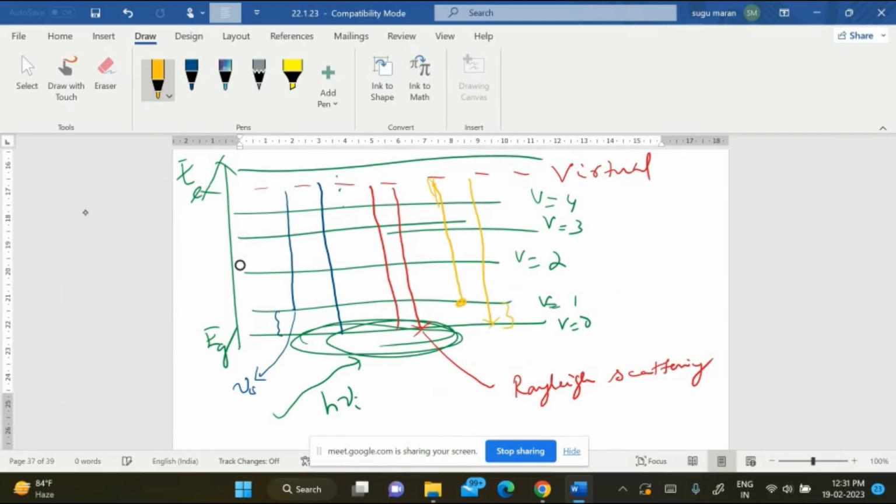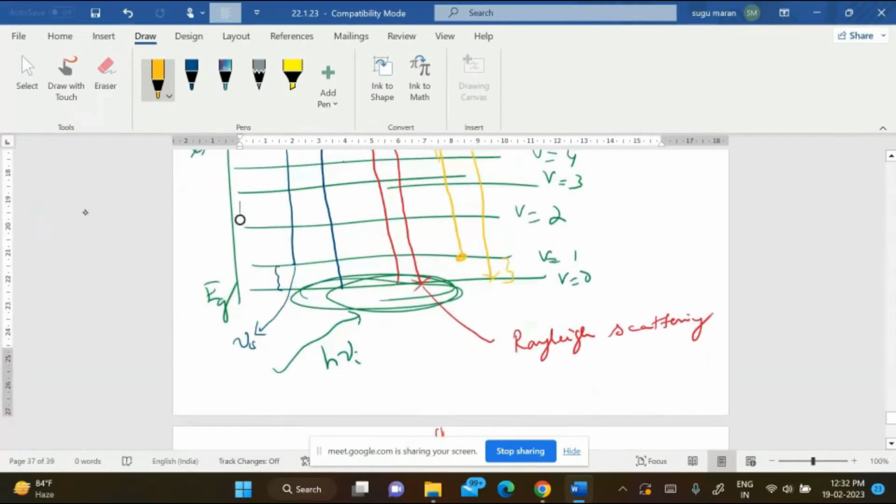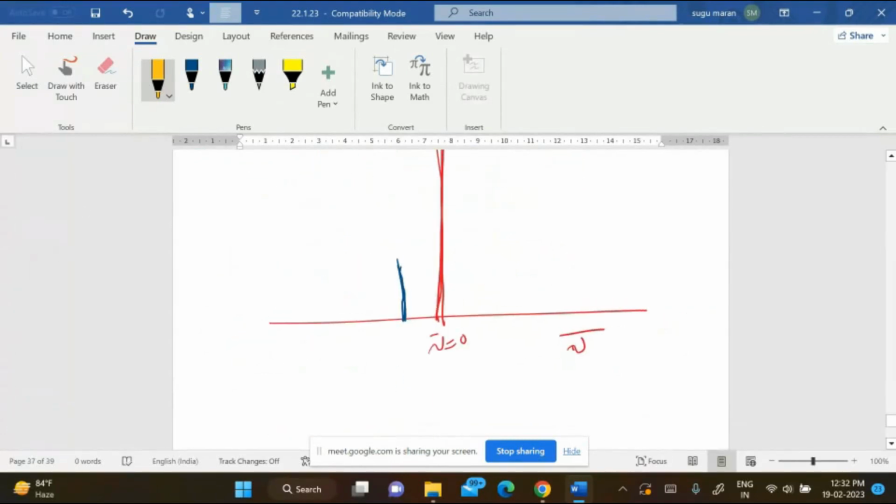There is a difference in energy. So the photon actually takes up energy from the molecule. This is my incident radiation and this is my scattered radiation.